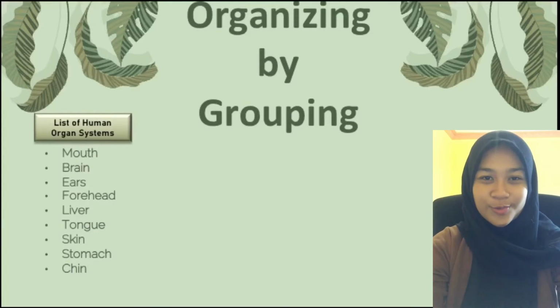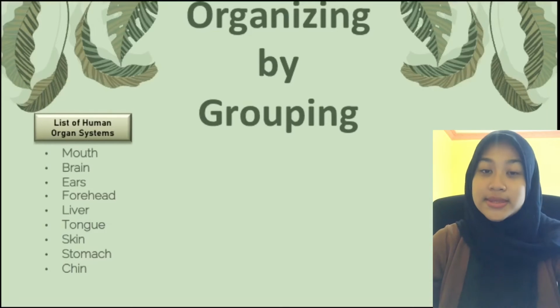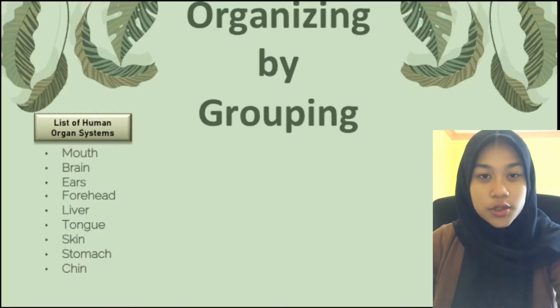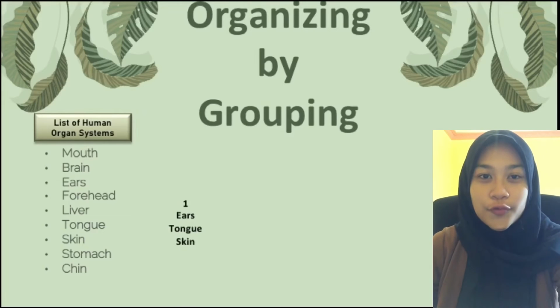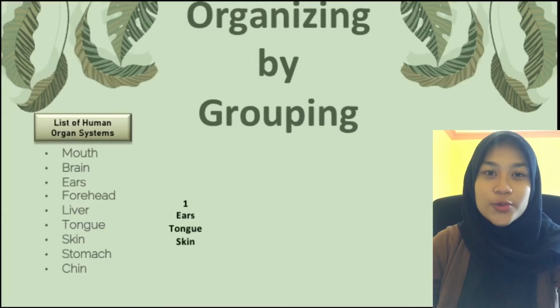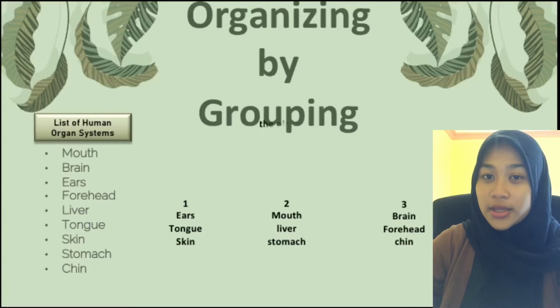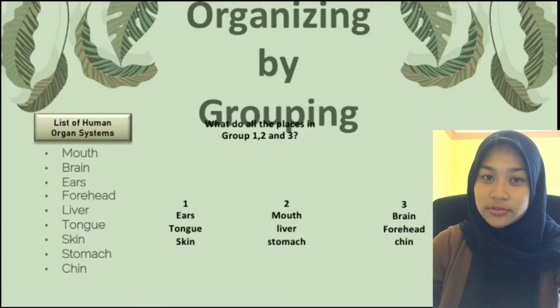Okay guys, so, have you figured it out? Okay, I will open the answer. Now for group 1, there are ears, tongue, eyes and skin, and the second group has mouth, liver, and stomach, and the third group has brain, forehead, chin.